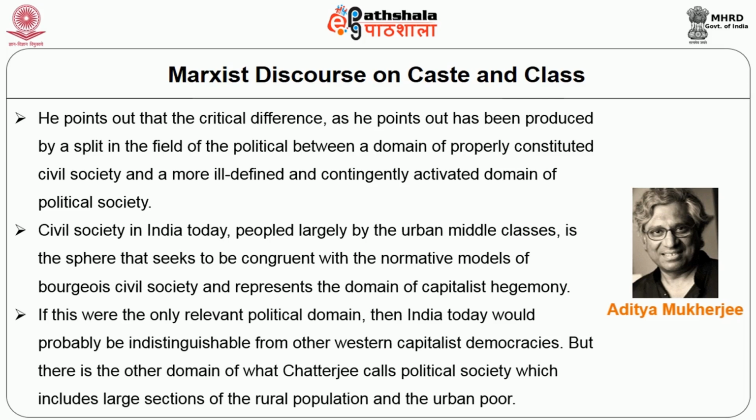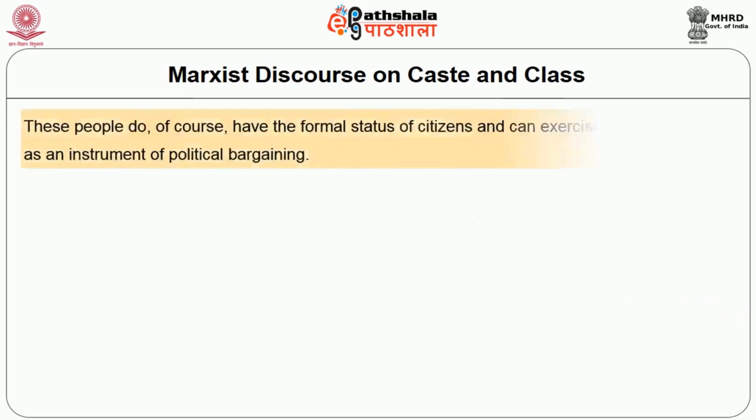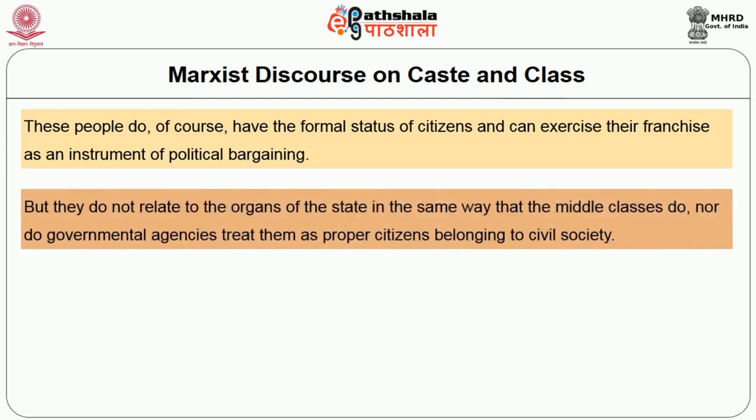But there is the other domain, what Chatterjee calls political society, which includes large sections of the rural population and the urban poor. These people do, of course, have the formal status of citizens and can exercise the franchise as an instrument of political bargaining, but they do not relate to the organs of the state in the same way as the middle classes do, nor do governmental agencies treat them as proper citizens belonging to the civil society.